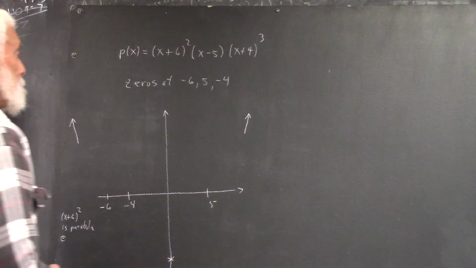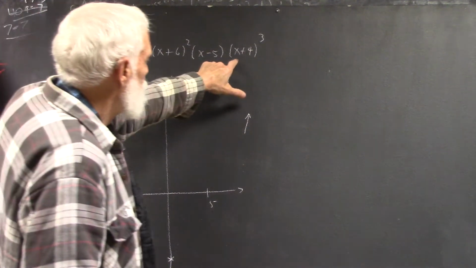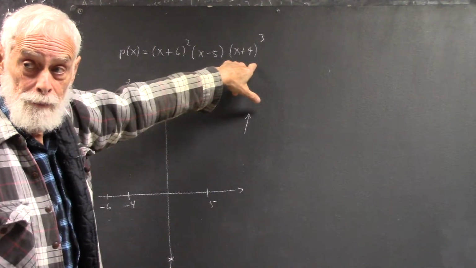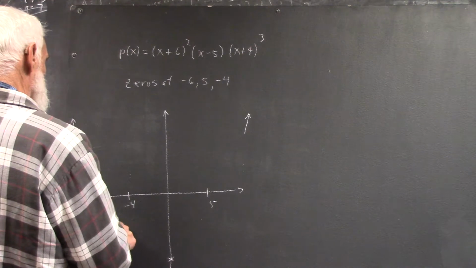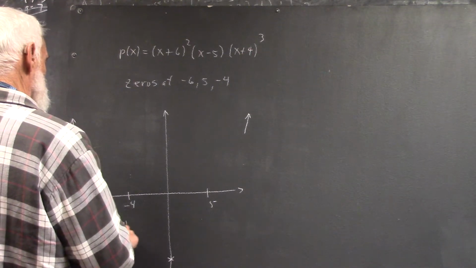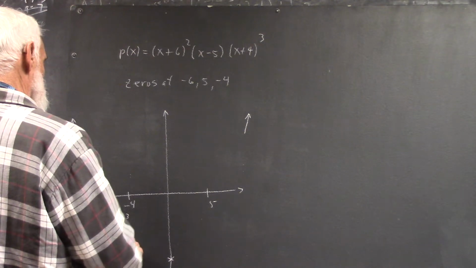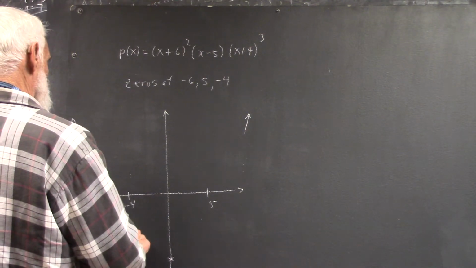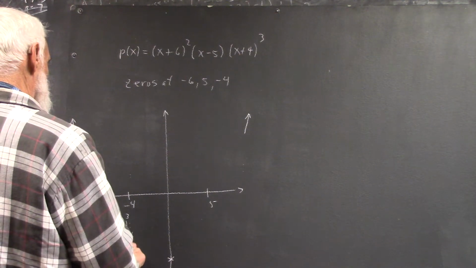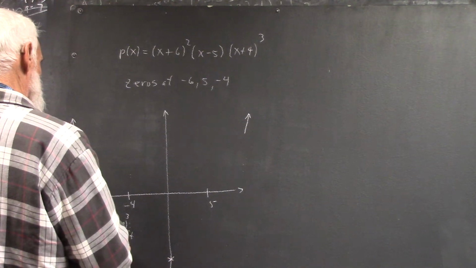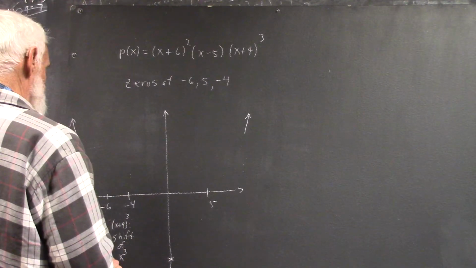Now, at -4, your 0 comes from the x plus 4 cubed, right? Well, that's a horizontal shift of x cubed.